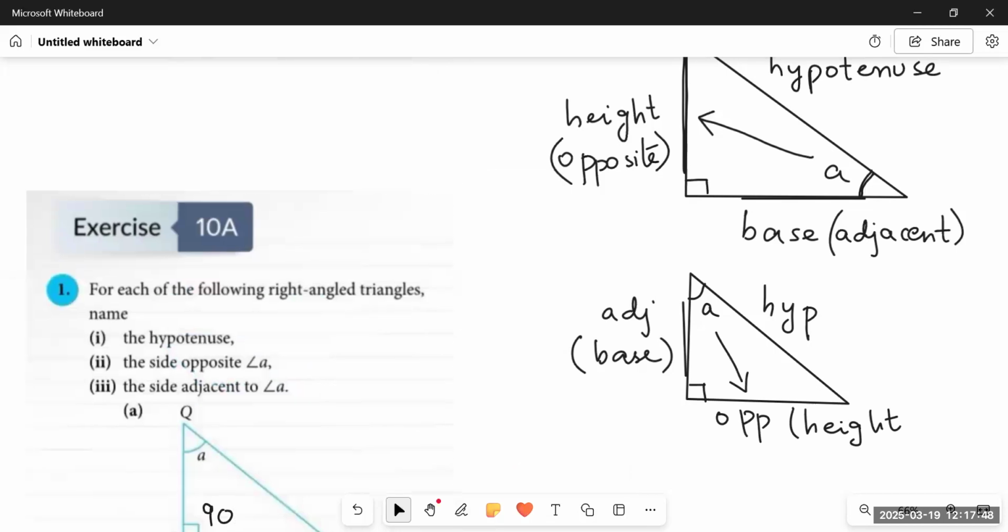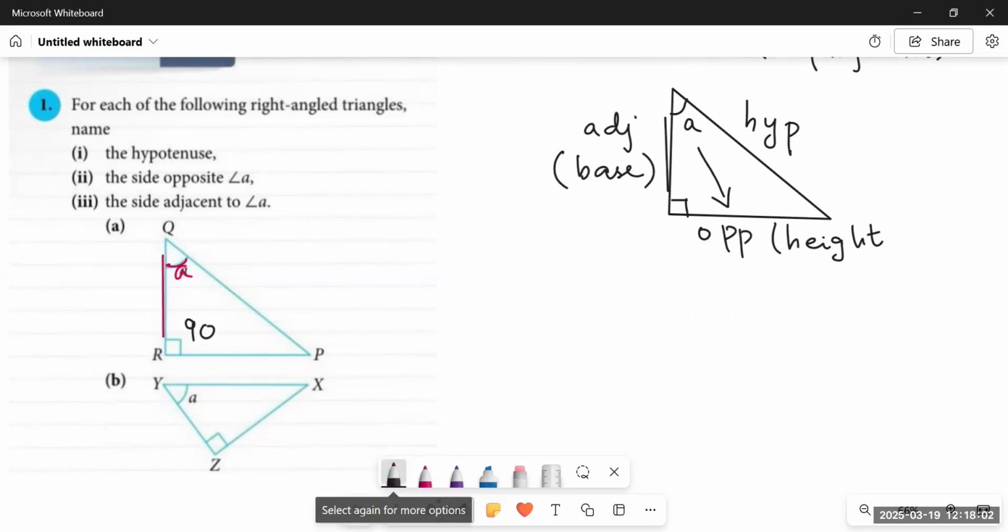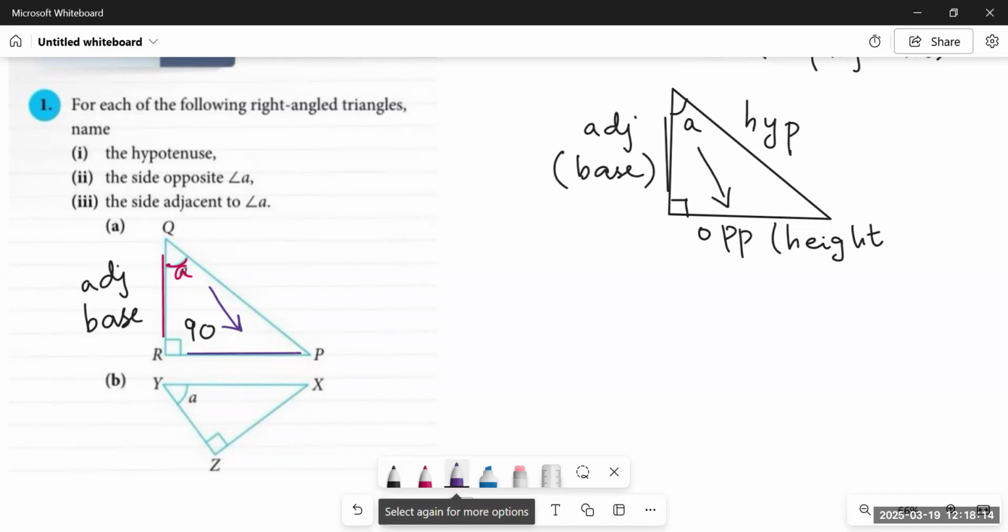Now, in question number 1, we are provided with a triangle where the angle is given over here. As we have learned, if the angle is given over here, this side would be the adjacent side, so we write it down as adjacent. And adjacent side would always be the base. And this side would become the opposite, and the opposite side would always be the height.